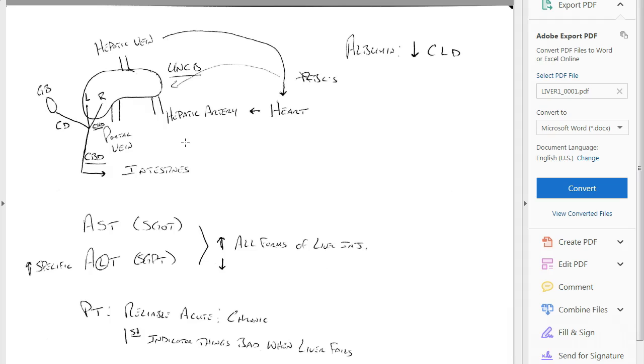They will increase. In liver failure, though, your enzymes, meaning your AST and ALT, many of the time will be stone cold normal. Think about a patient that comes in with CHF. Majority of the time, they have stone cold normal cardiac enzymes, right?